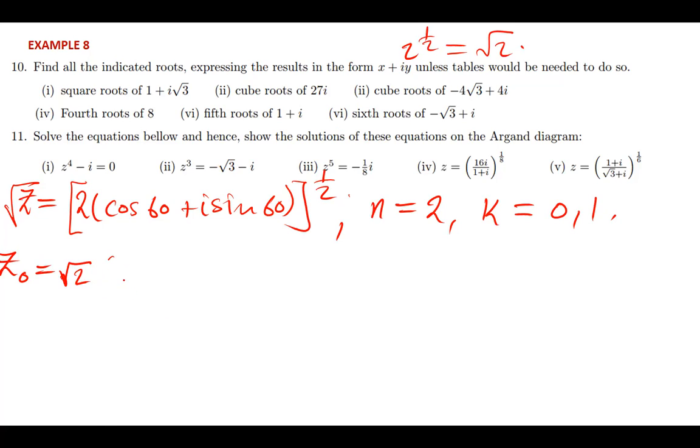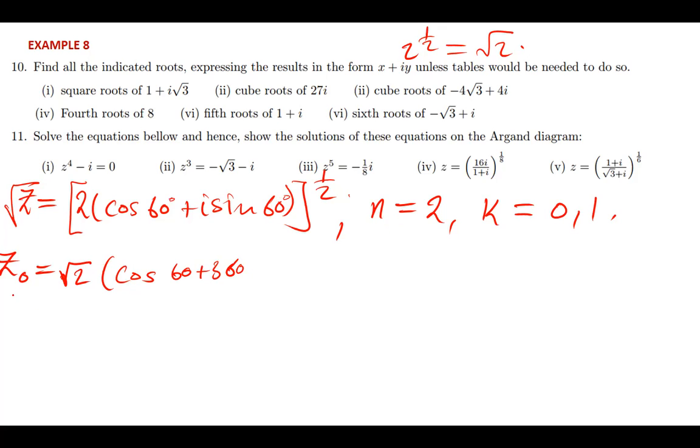So square root of 2 and then open brackets, cos. We first have to use the formula: theta plus 360k over n, where the angle is in degrees. So our theta is 60, plus 360 degrees times k.